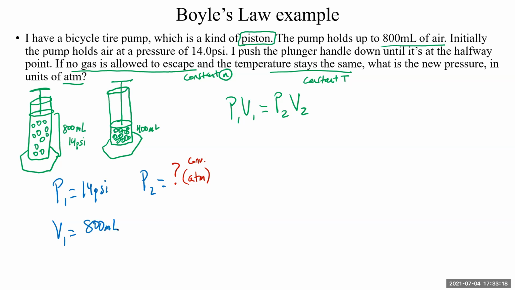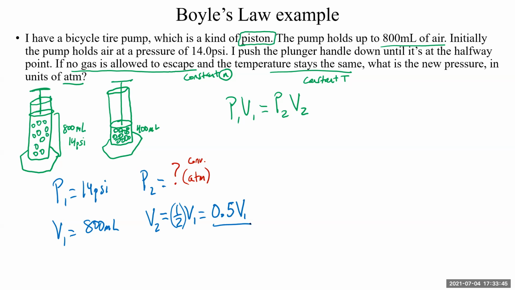Now, even though it says half as much, and I know that half of 800 is 400, I'm going to do something else. I'm just going to write V2 equals 1/2 of V1, or even better, half is the same thing as multiplying something by 0.5, isn't it? Half or 0.5, they mean the same thing. So 0.5 V1, and I'm going to leave it like this.